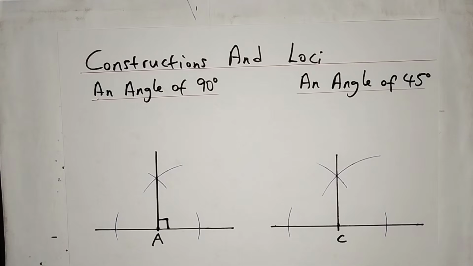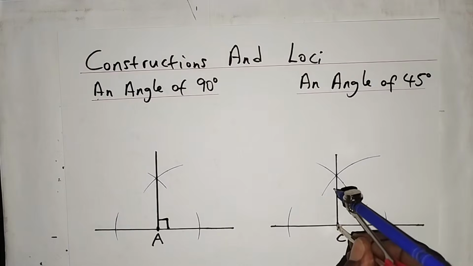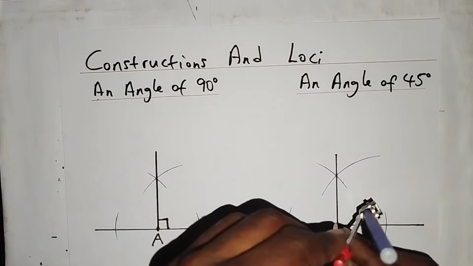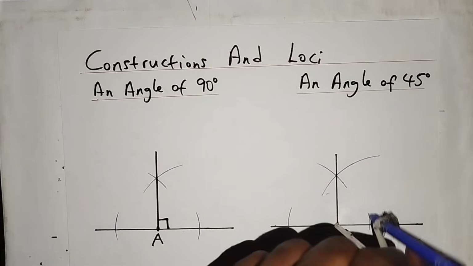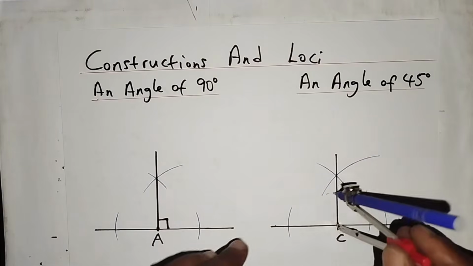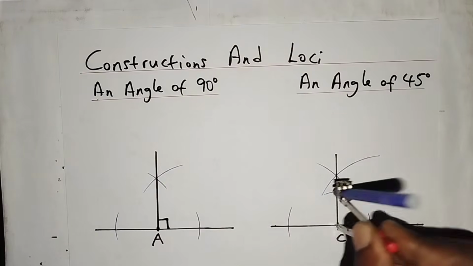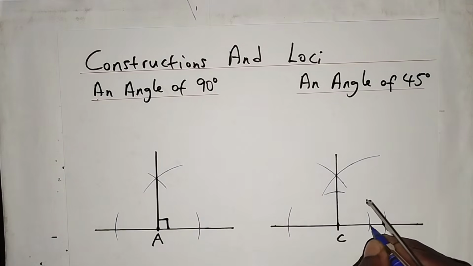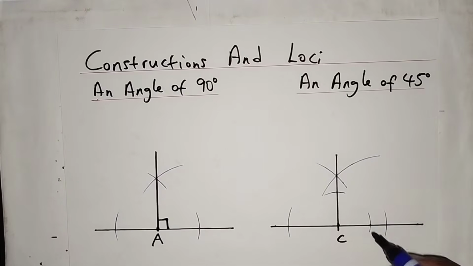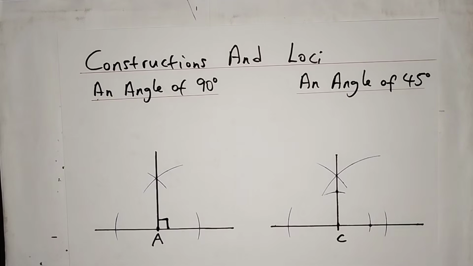So for me to construct an angle of 45 degrees, I'll choose C as my center again and open a suitable radius, and I cut this line here and cut this line also here with my arc. Okay, so these two points, this one and this one, are my new centers.